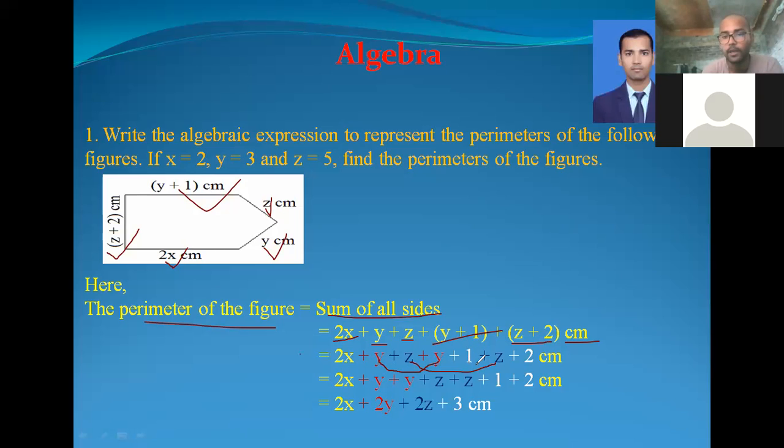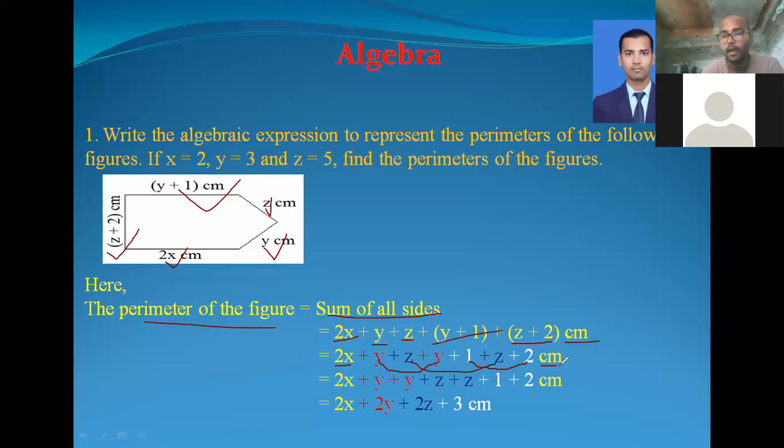It means 1 and 2 are like terms because they both are only numbers. 2x is given in yellow color because there is no other term with x. That's why 2x is an unlike term among them.